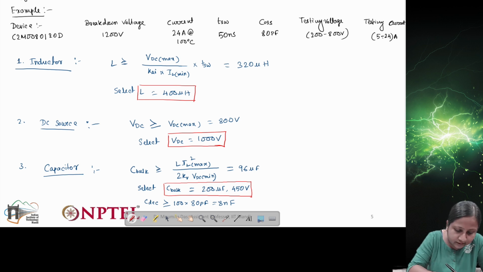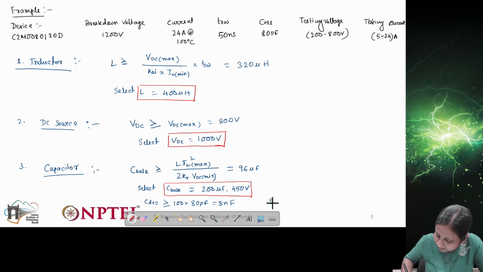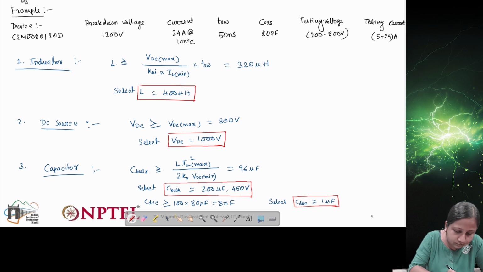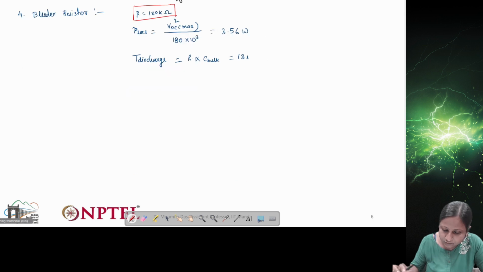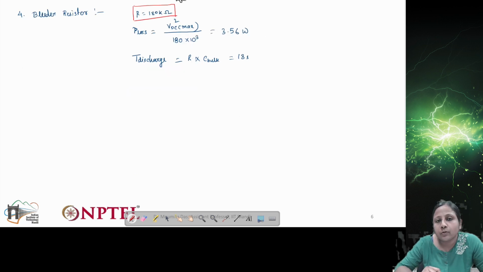I haven't selected anything, let's select. Okay, now we have all the components.